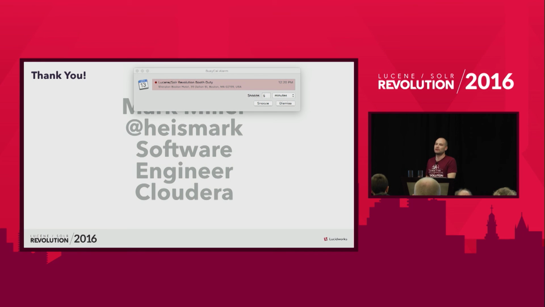When you send in an update, it's not acknowledged until the leader has sent the document to all the replicas and they've received it. So you can pretty much count on it: if it said that it received the document, then all the replicas have it, or those replicas are going to be put into recovery mode.